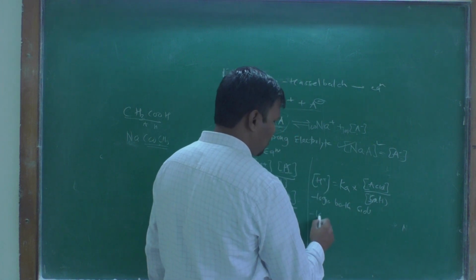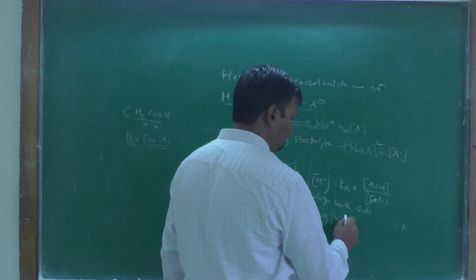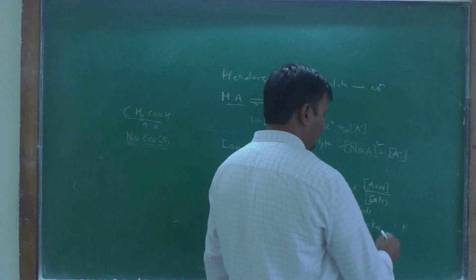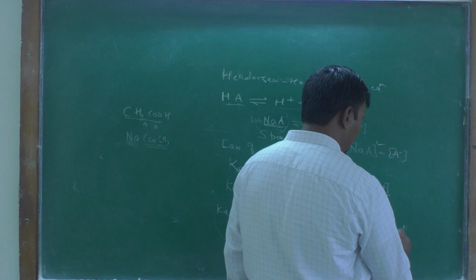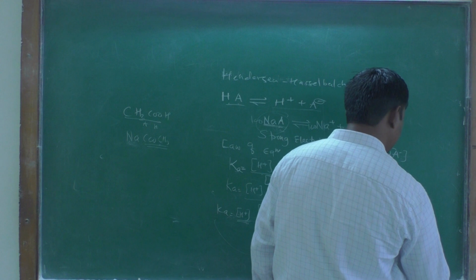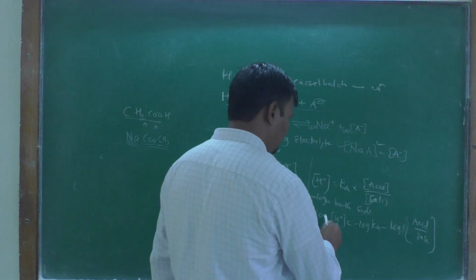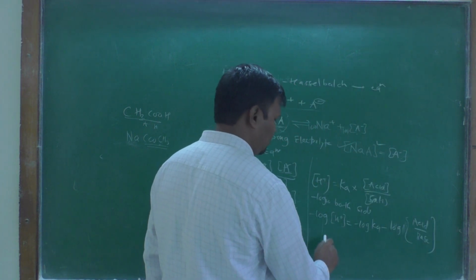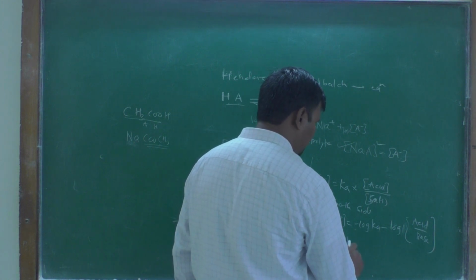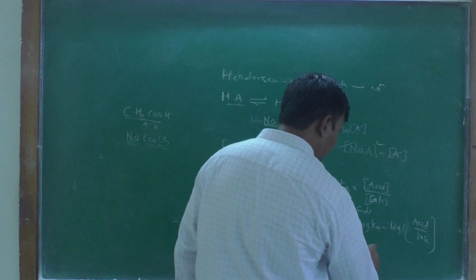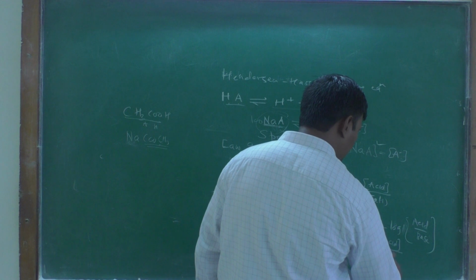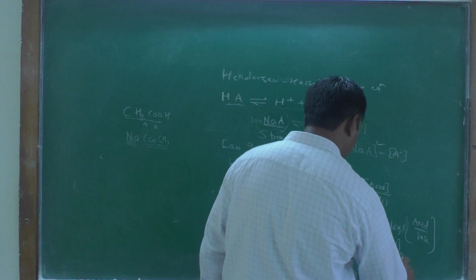Therefore, minus log H+ is equal to minus log Ka minus log acid upon salt. Here minus log H+ is nothing but the pH, minus log Ka is the pKa, and then minus log of concentration of acid upon concentration of salt.